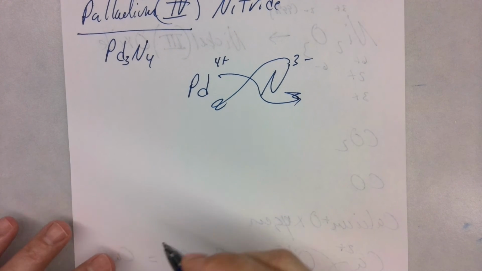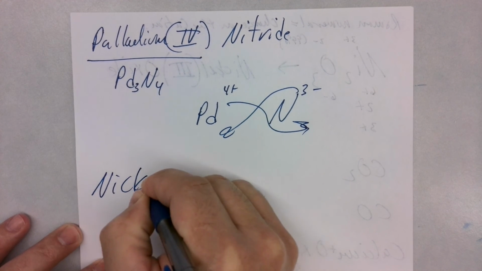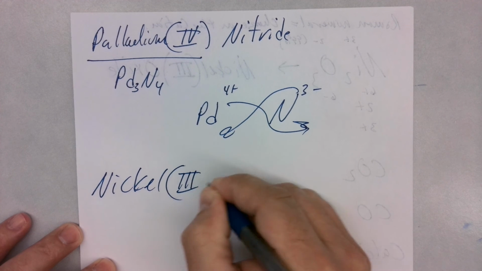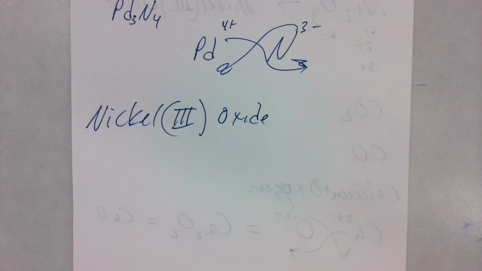Let's go with nickel 3 oxide. Nickel 3 oxide. And let's go with 7 hands again.